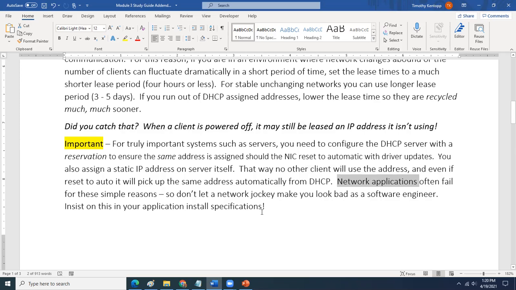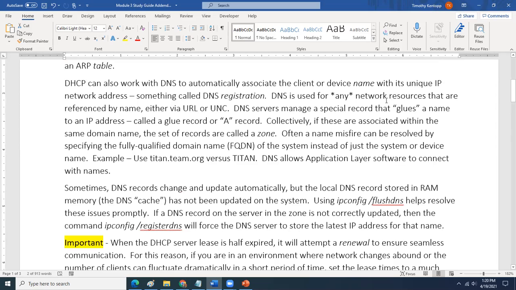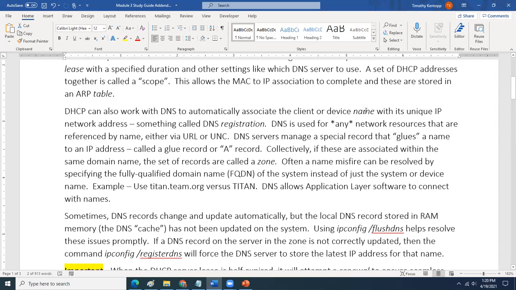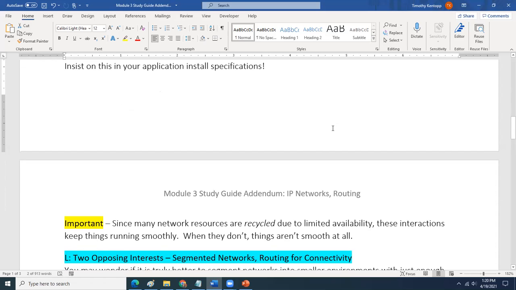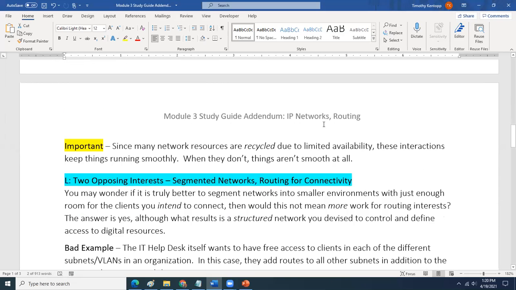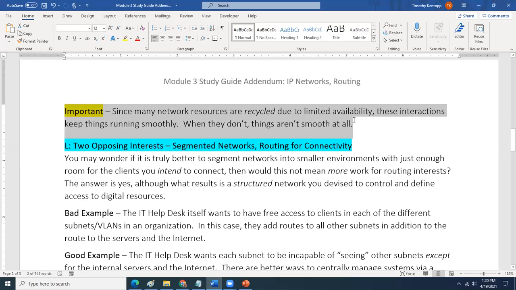Sometimes you have network applications you design, and it's simple network issues like this that create issues, and your network application cannot update properly. Cannot update IP addresses with names, cannot update MAC addresses with IP addresses on layer 2, and these create simple repercussions. Since many network resources are recycled due to limited availability, these interactions keep things running smoothly.